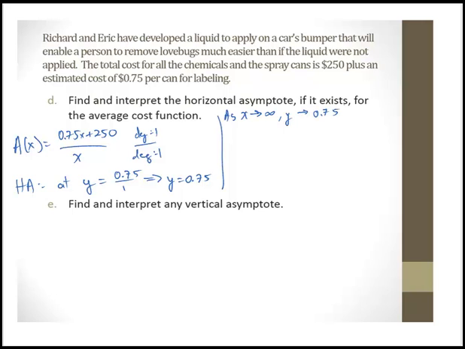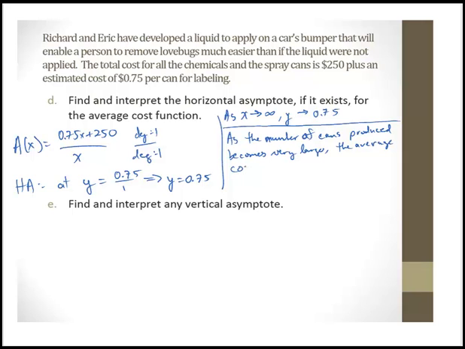So, what is this saying? As the number of cans produced becomes very large, the average cost per can approaches $0.75 per can.